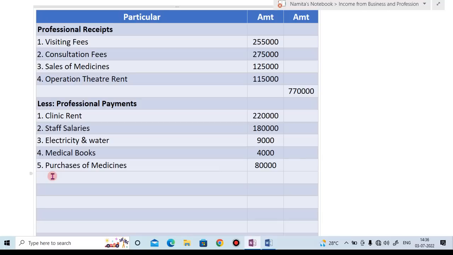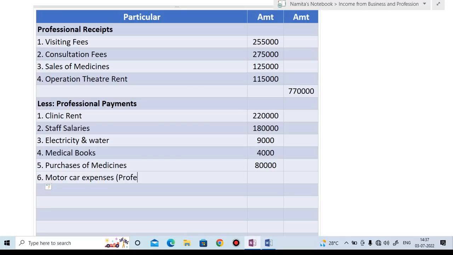So write motor car expenses. 1/3 of total expenses of motor car is used for personal, so remaining 2/3 belongs to the professional use.